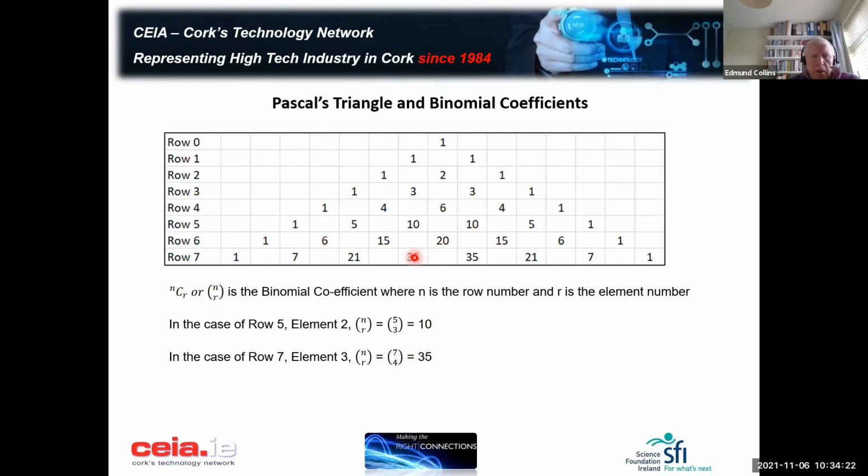We get 35. So this is a summary, if you like, of nCr based on the triangle. So it comes up in other areas, but it is an interesting piece of work, and certainly it's got very interesting properties.